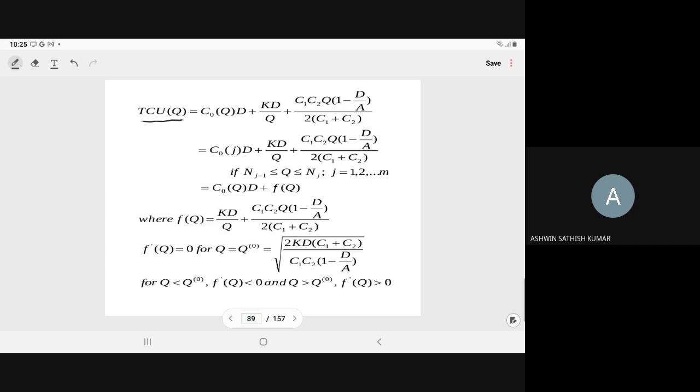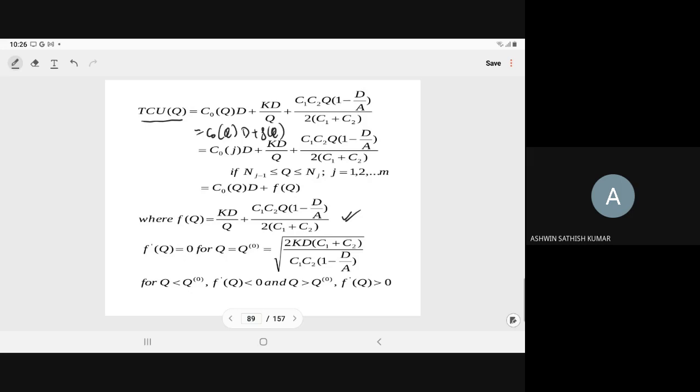This derivation is exactly what we derived for model third. So again it is C naught Q D plus FQ, where FQ is equal to KD upon Q plus C1 C2 Q into 1 minus D upon A upon 2 into C1 plus C2.